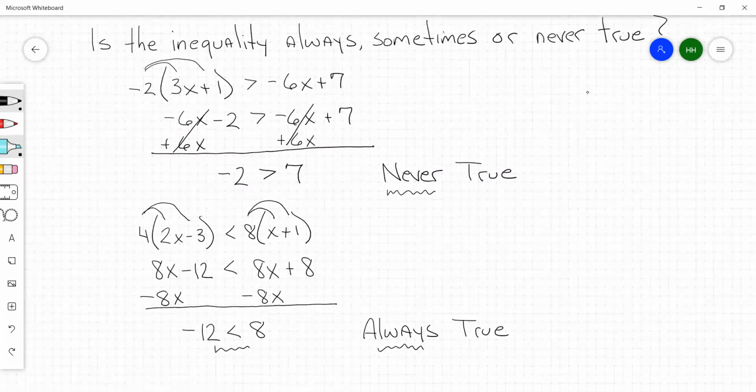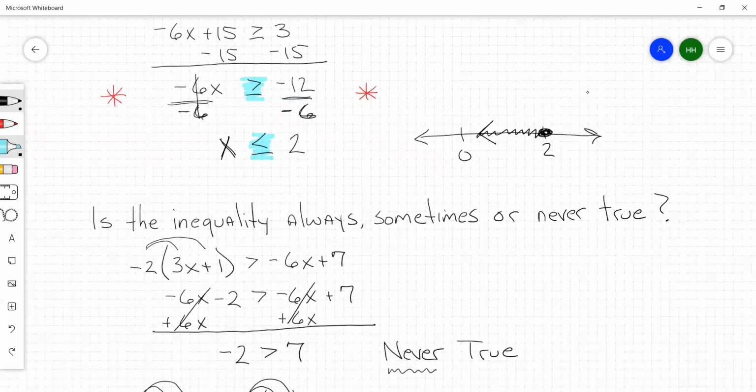And now if you get to a step in the problem and you finish the problem and this is your answer, that is an example of always. No, I'm sorry. That's an example of sometimes true. All right?